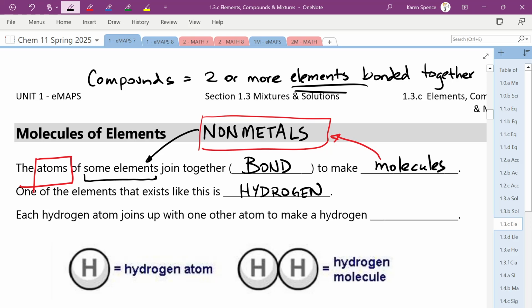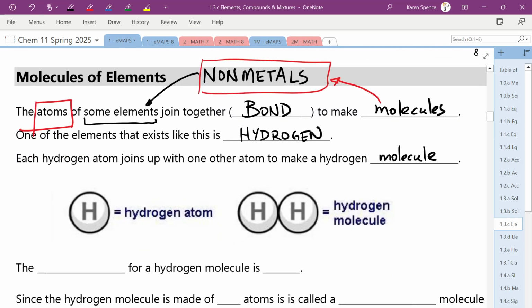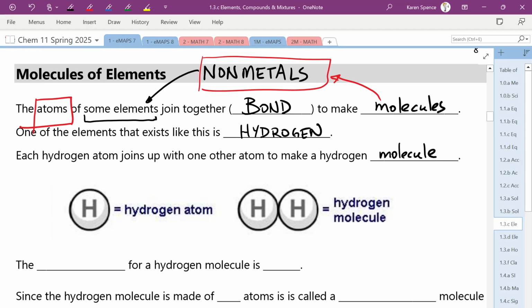Each hydrogen atom joins up with one other hydrogen atom to form a hydrogen molecule. Okay, so here's an H. Here's an H with a what kind of bond? Tell your partner what kind of bond? Covalent bond.